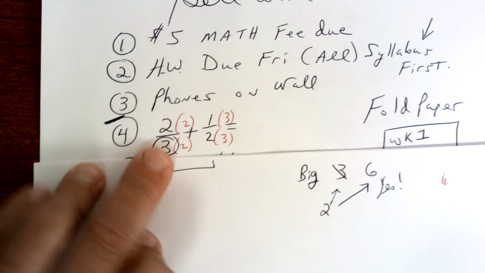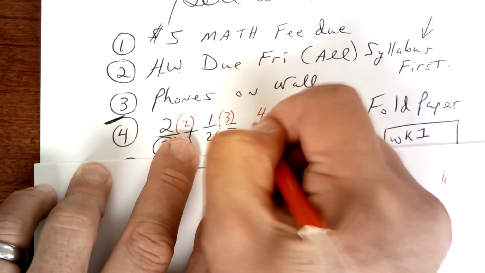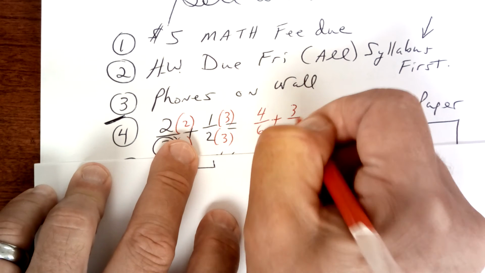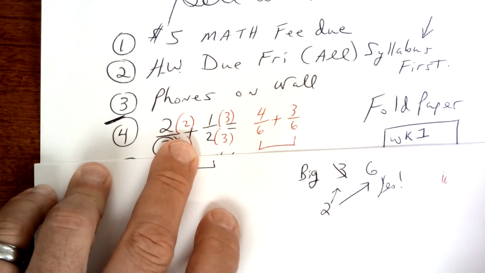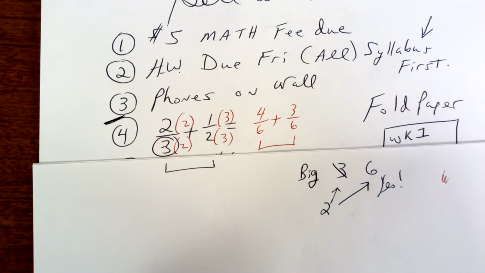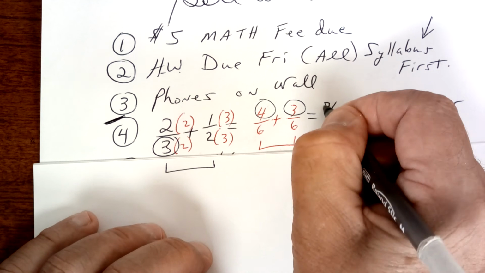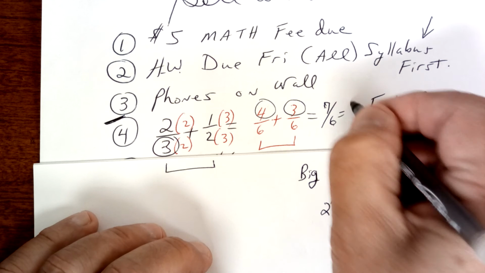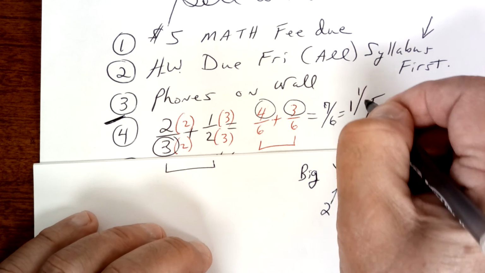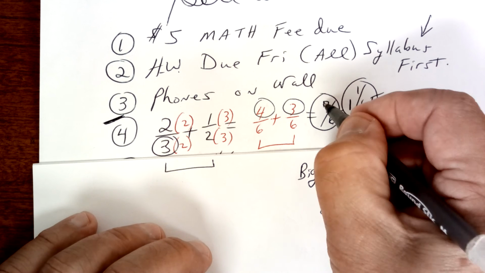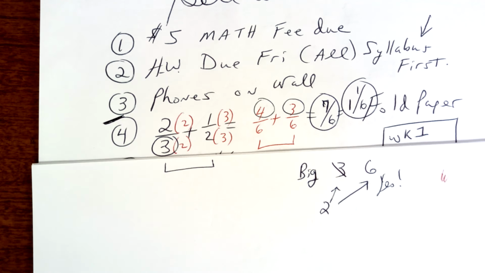So you're going to get 4 over 6 plus 3 over 6. Now you have the same denominator. So you can add this up. You get 7 over 6. 6 goes into 7 one time with 1 left over. So either one of these answers is 5. Make sure you know how to add fractions.